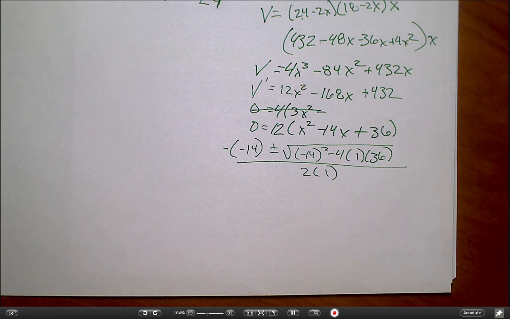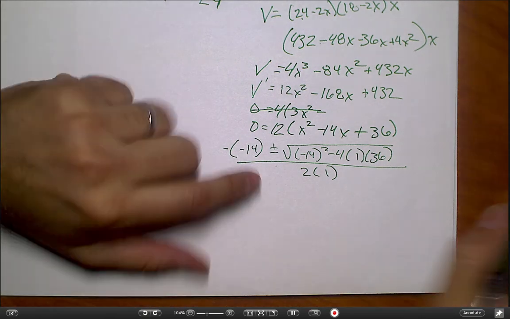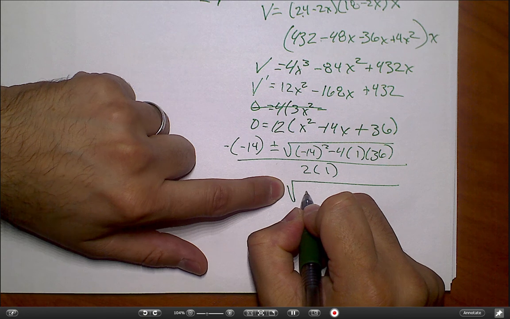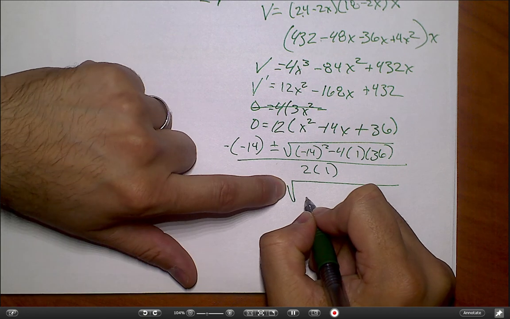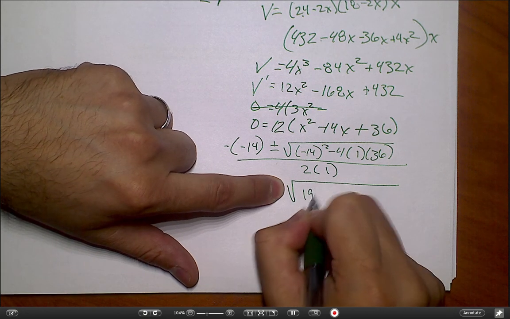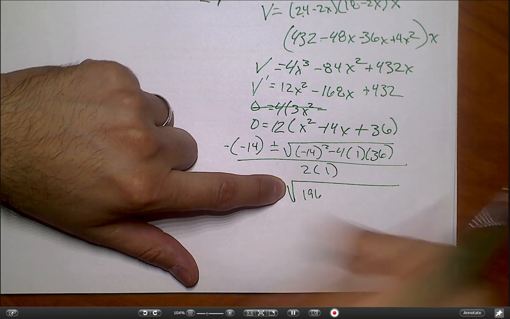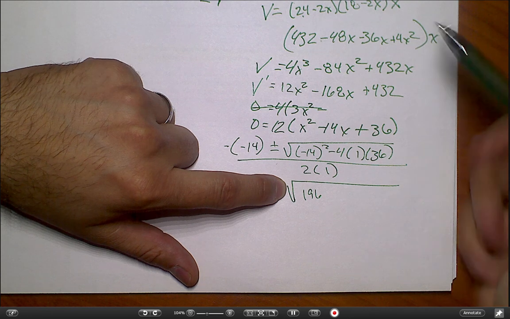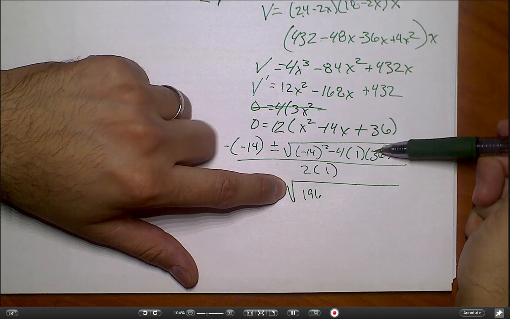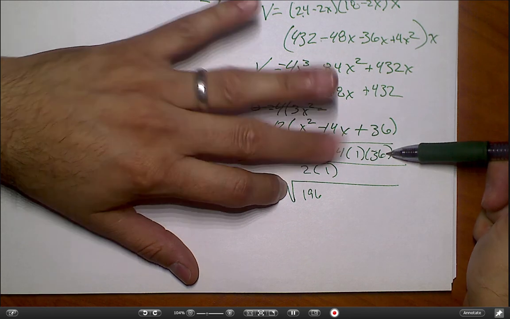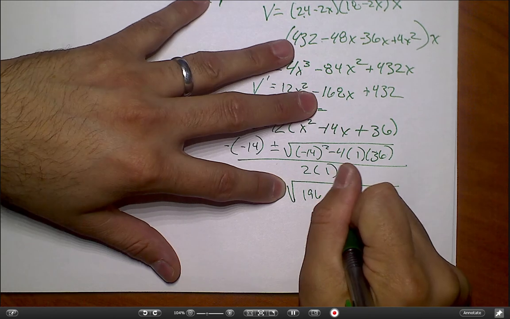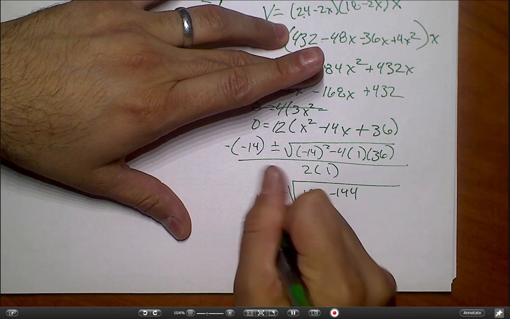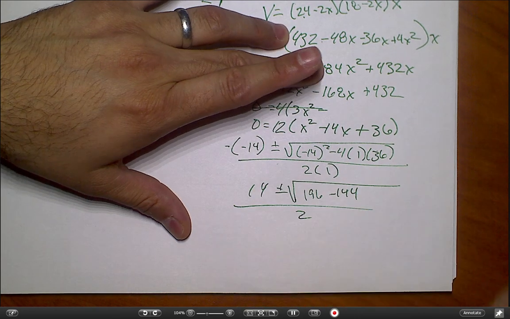All right, so it's actually not gonna be that bad. So 14 squared is going to be 196, and 36 times 4 is 144. So 196 minus 144, and plus or minus 14 over 2.